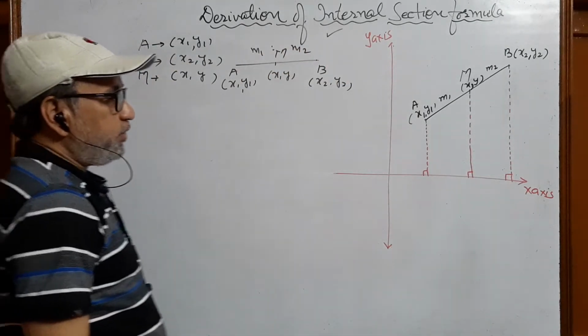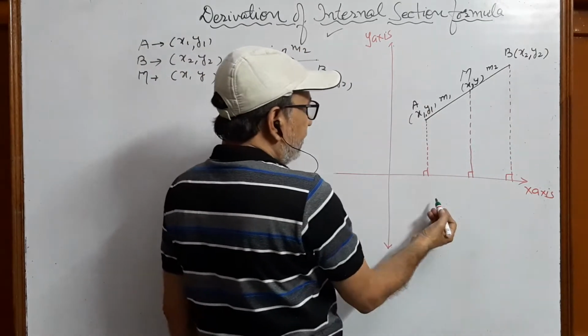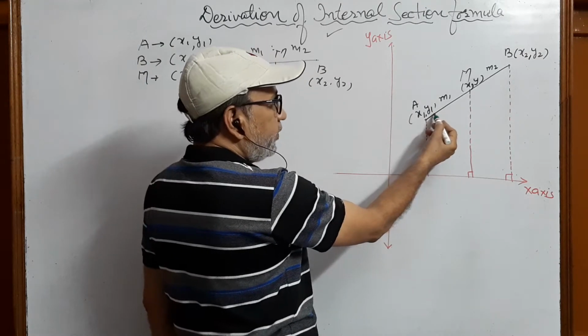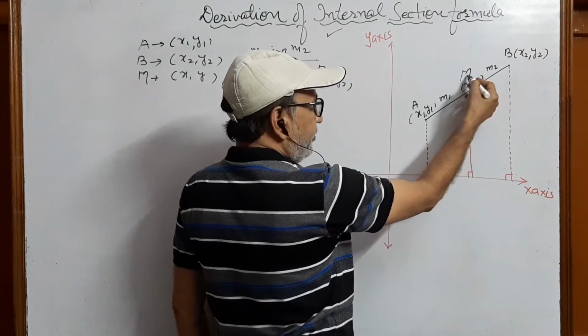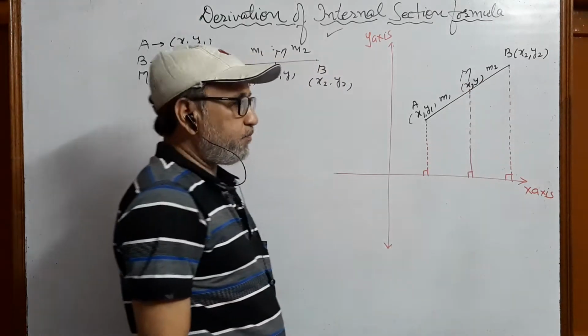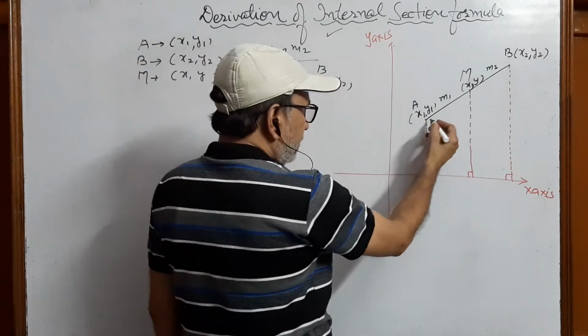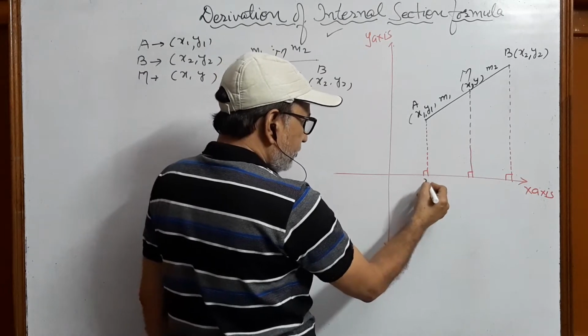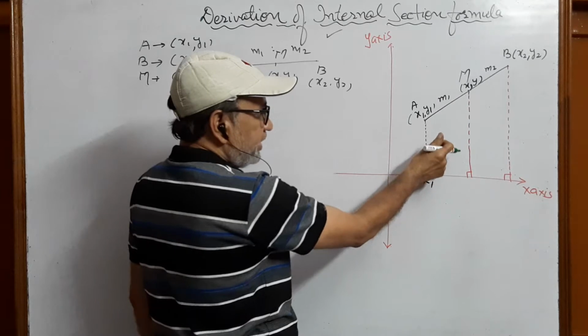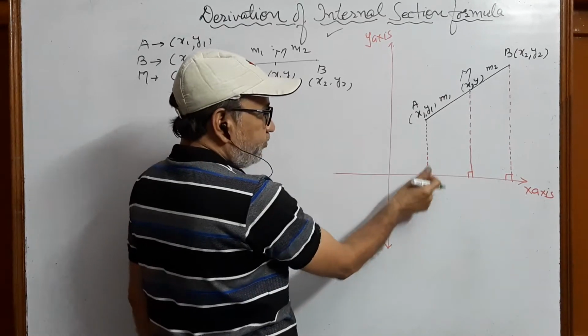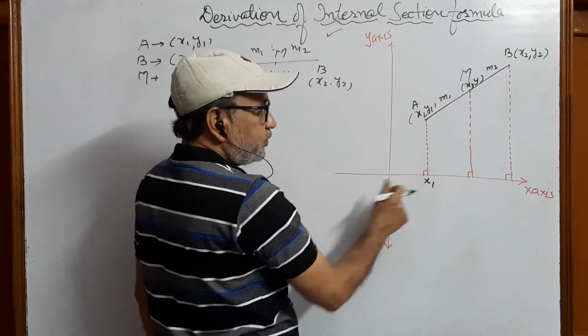So here we have simply taken the graph paper. Point A is x1 y1, B is x2 y2, and M is x and y. Okay, now you see this point is x1. Isn't it? This complete line is what? x1. Any point lying on A, which is perpendicular, is x1.